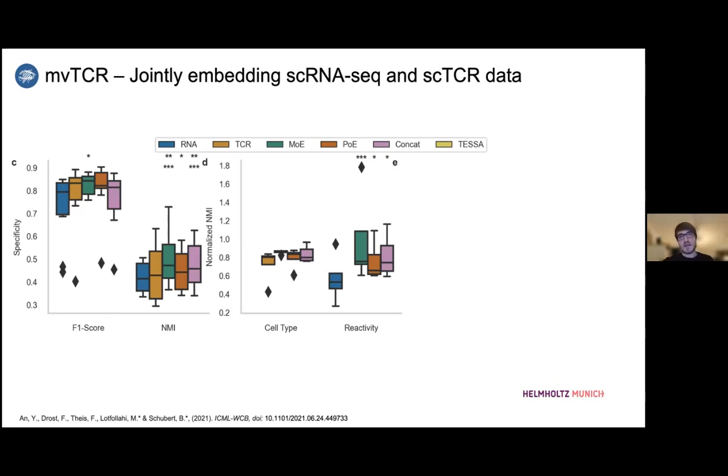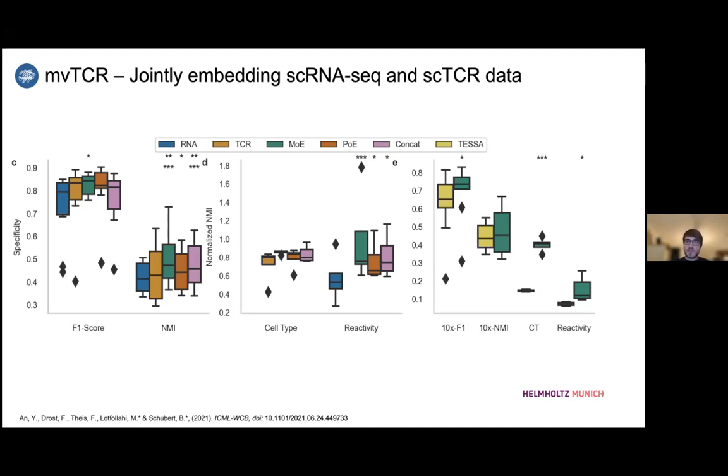Lastly, we looked into a competitor method called TESSA, which also combines both RNA and T cell receptor information to do a Bayesian clustering.